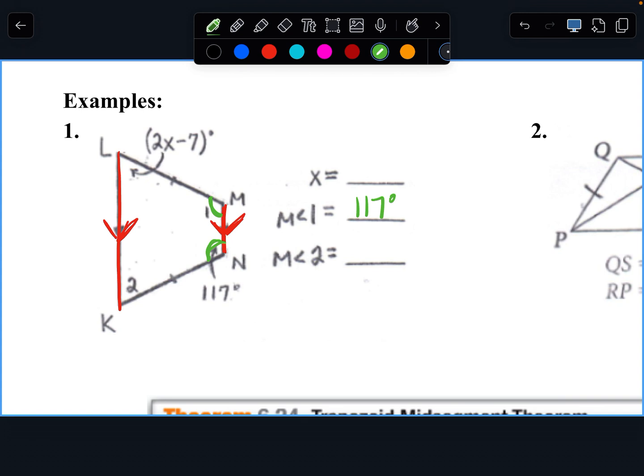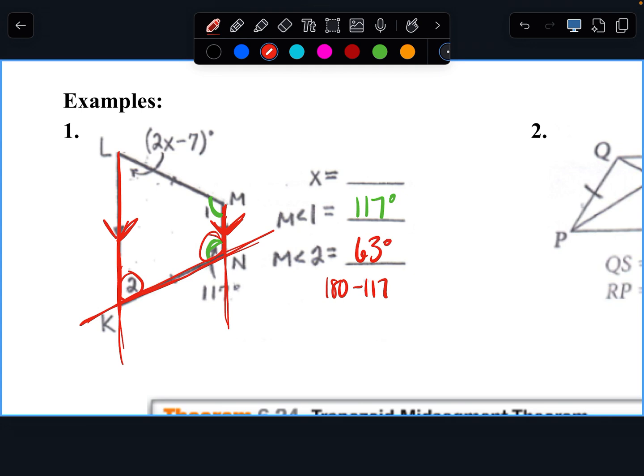Now for angle 2, we've got these two that have a relationship. So keep in mind, base angles are the same. That's one of the rules for a trapezoid, but also with the parallel stuff, all you have to do for angle 2 is take 180 minus 117. So what's that? 63.